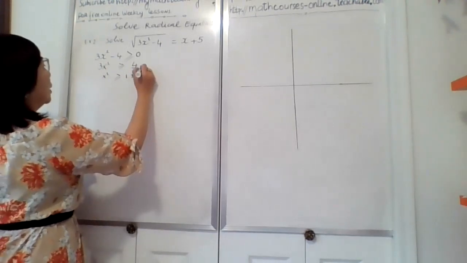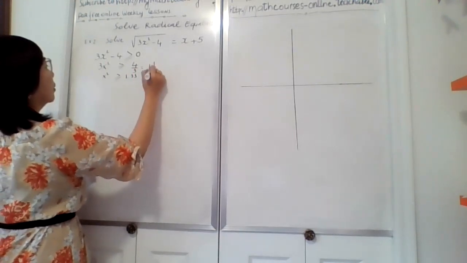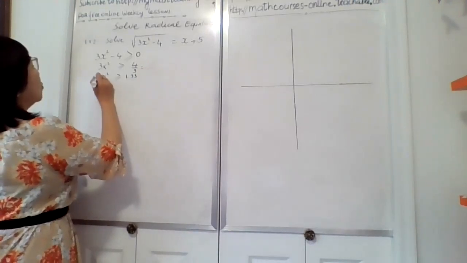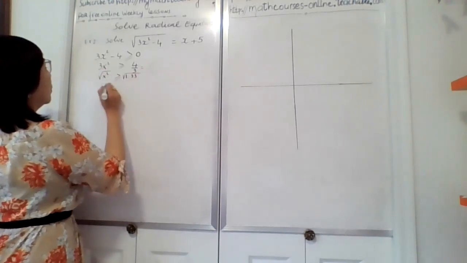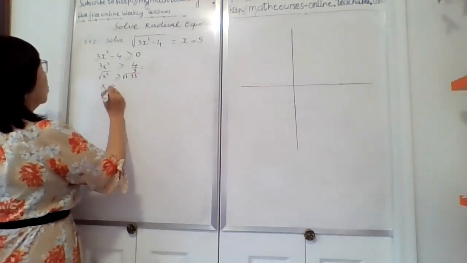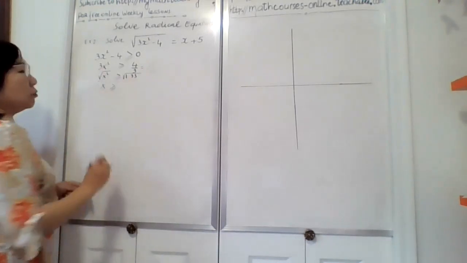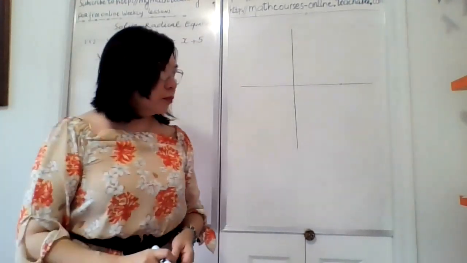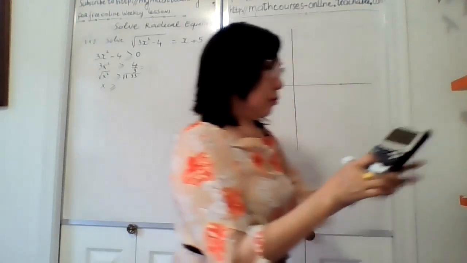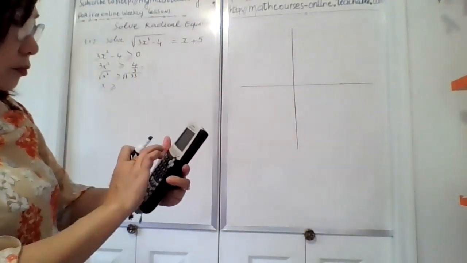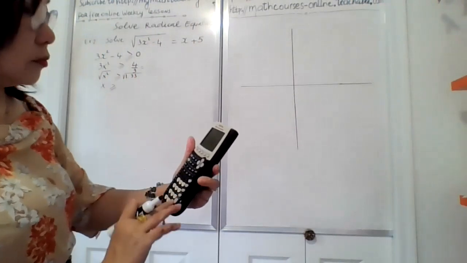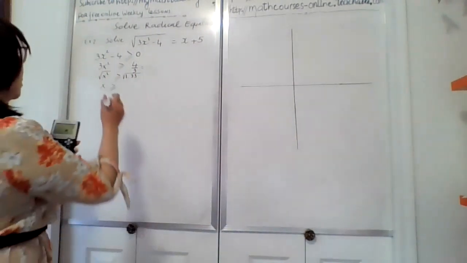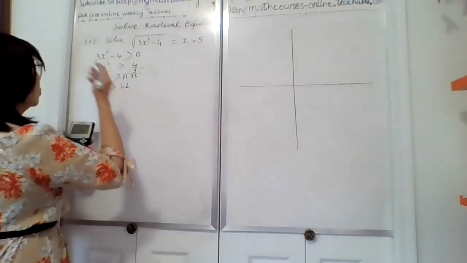Yes, because we can change this into a mixed number. So 1.33 is the answer. Now, we're going to take the square root of both sides. So x has to be bigger than the square root of 1.33, about 1.2.